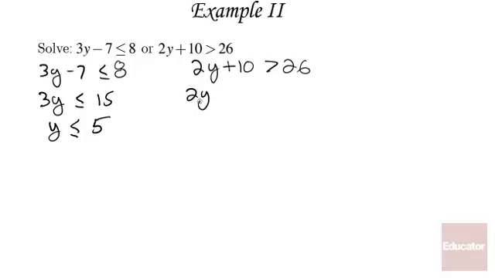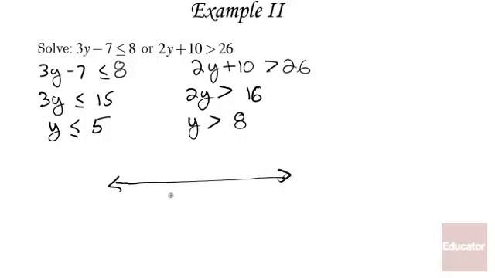On this side, subtracting 10 from both sides to get 2y is greater than 16. Dividing both sides by 2 gives me y is greater than 8. Okay, since this is or, it's the union of the solution sets, so any element of either set or that's in both sets would be included in the solution set for this compound inequality.